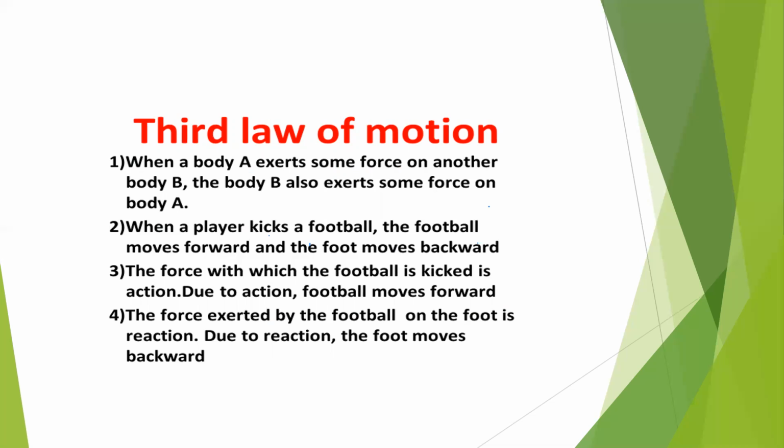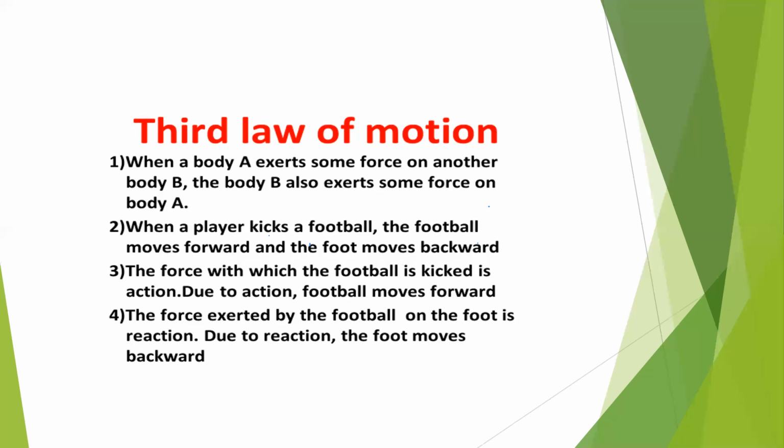We can understand one example here. When an apple is falling from the tree, that is A, and it is coming towards the earth, that is B. What is the meaning of this first line? When the apple is falling from the tree, the apple is attracted by the earth. Similarly, the earth will also get attracted by the apple.